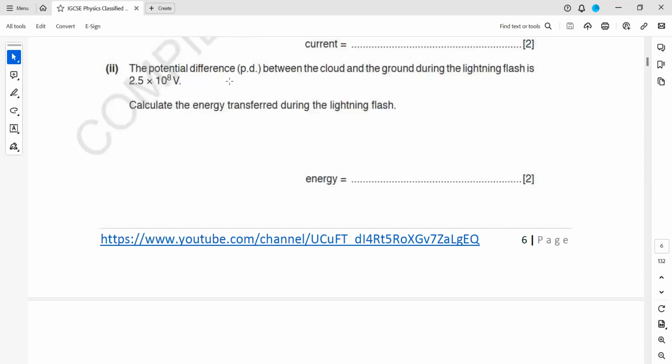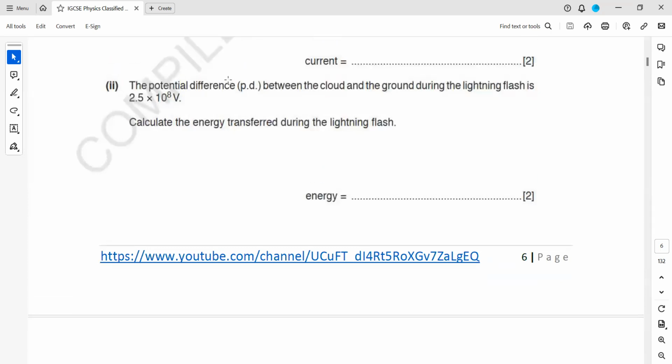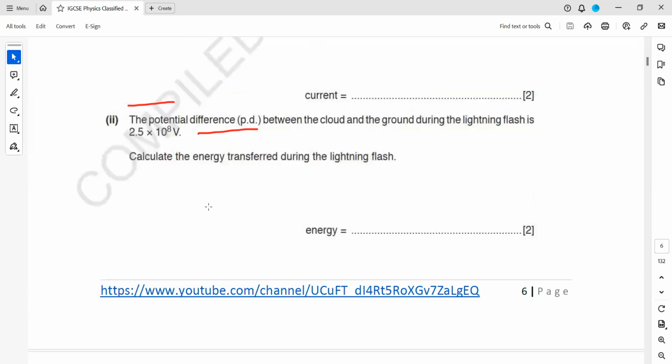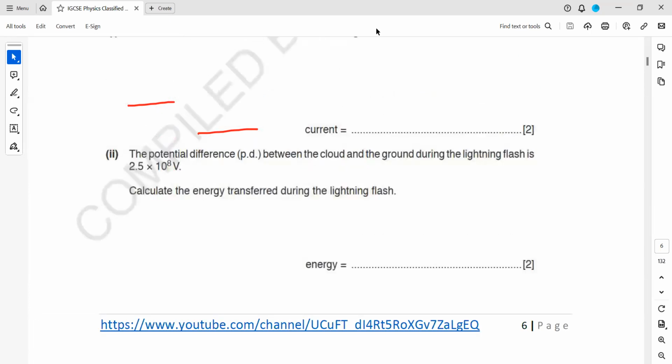The potential difference between the cloud and the ground during a lightning flash is 2.5 exponent 8. How do we work out the energy transfer? If we have voltage, current and time, you can find the power and then multiply power by time, or you can directly use a formula: voltage multiplied by current multiplied by time, VIT.